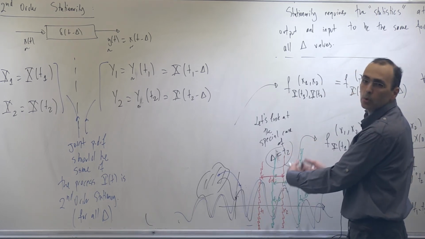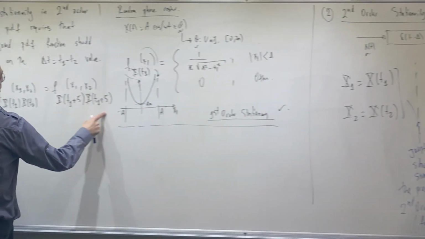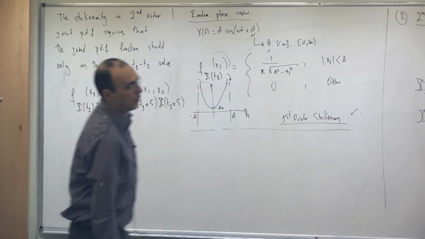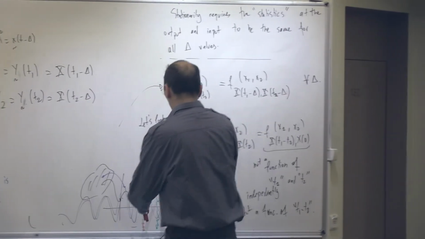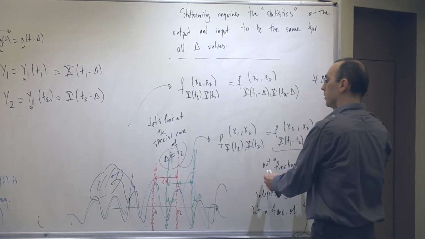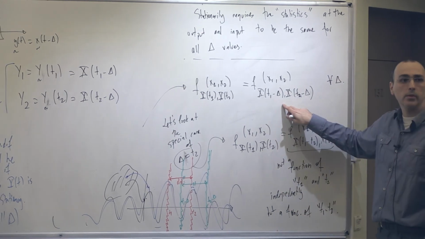But since the process is already in the steady state, it requires that they should be the same. Of course, this is not limited to 5. This is for all offset values. If I shift it by 10 seconds, if I shift this by 20 seconds, and so on, I should always get the same PDF. So this is the meaning of this.